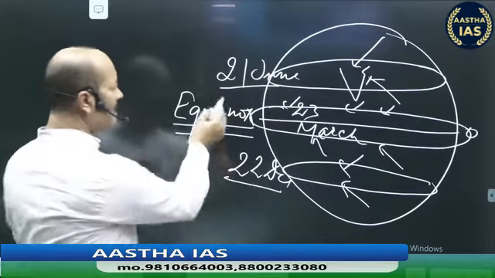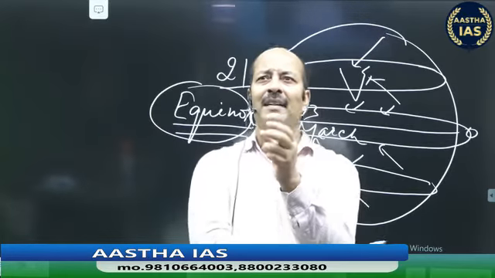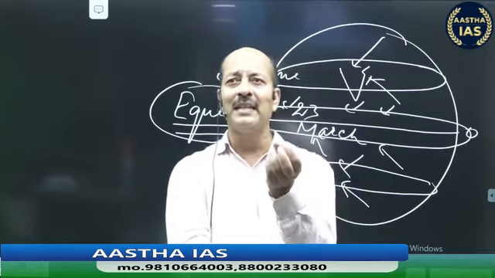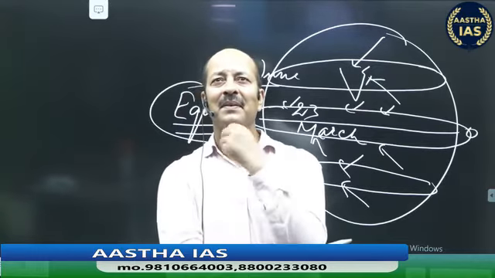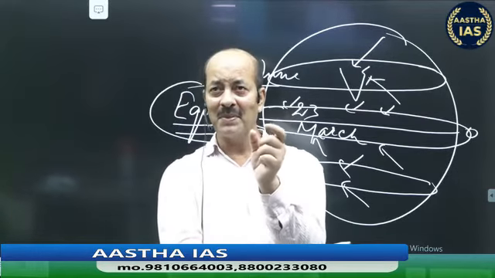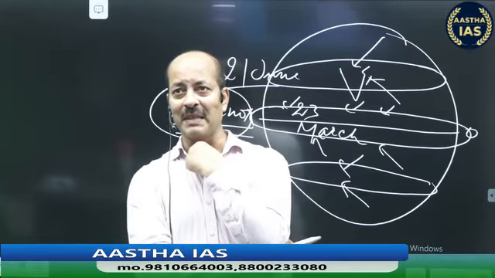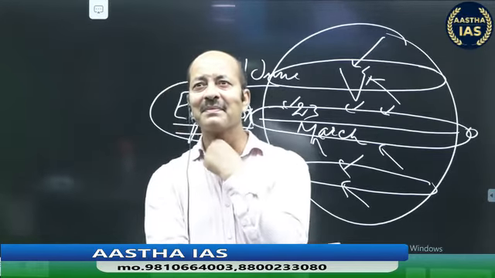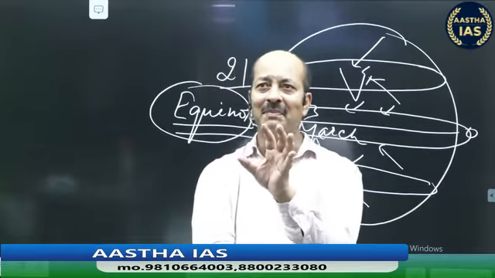And this condition is named as equinox. Getting this one? In which month is there the end of monsoon in India and the beginning of monsoon near the equator? Okay, September.